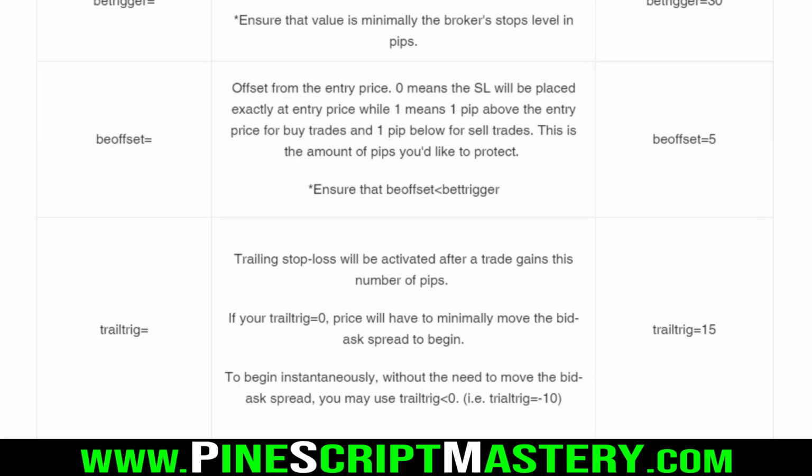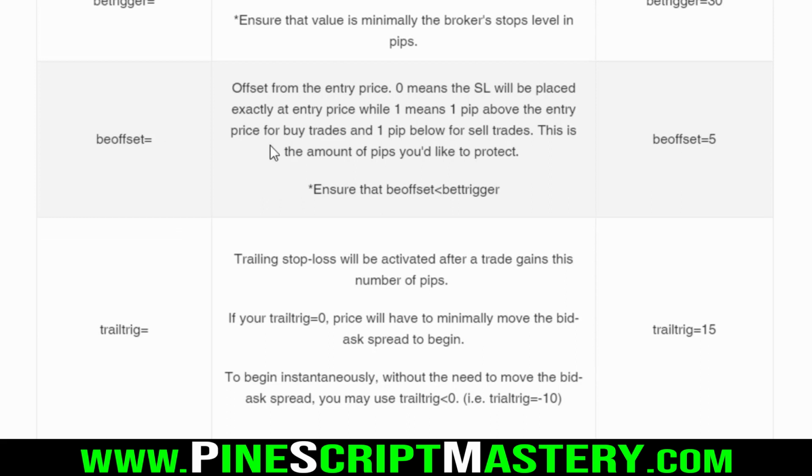I know for me personally, when I'm using a break-even stop, I like to set my stop loss a few pips above my entry price for a long or below for a short, so that I can at least cover the commission cost on the trade.